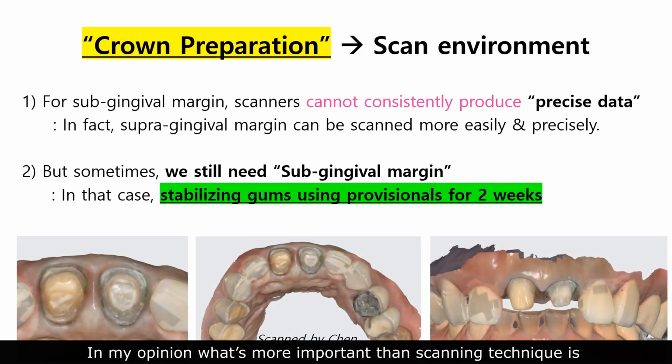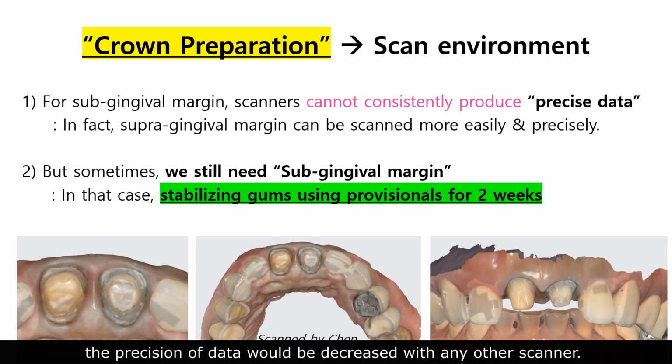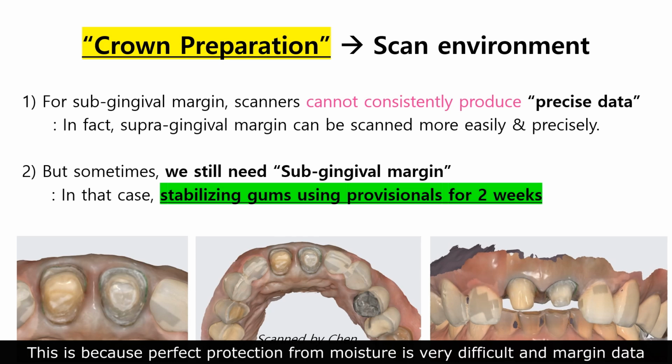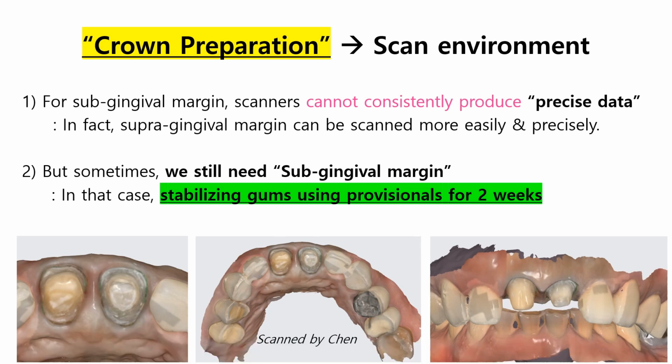Moreover, in my opinion, what is more important than scan technique is accurate crown preparation. If the margin is located at the subgingival level, the precision of data would be decreased with any other scanner. This is because perfect protection from moisture is very difficult, and margin data cannot be sufficiently obtained due to the hindrance by superficial undercut.